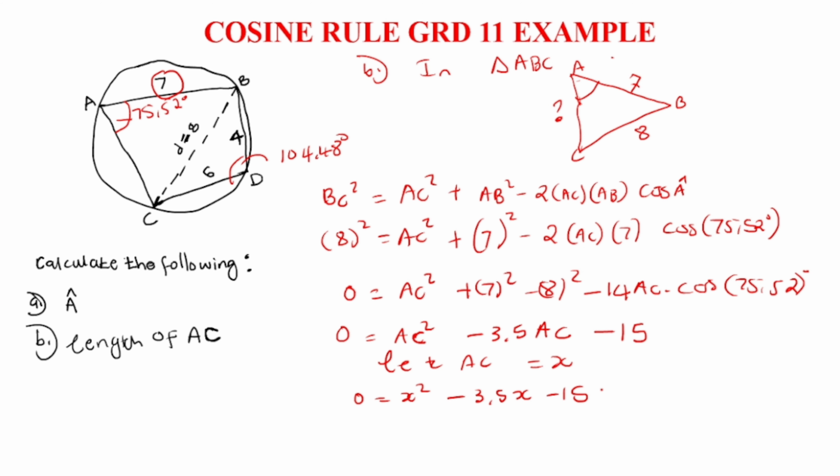Can you see? This one looks like a quadratic equation. It is easy to solve. So if you go and solve this quadratic equation, you should be able to get that x is equal to 6. And then the other one is negative, and we know that we can't have a length that is negative. So it's going to be 6 units, which is equal to AC.